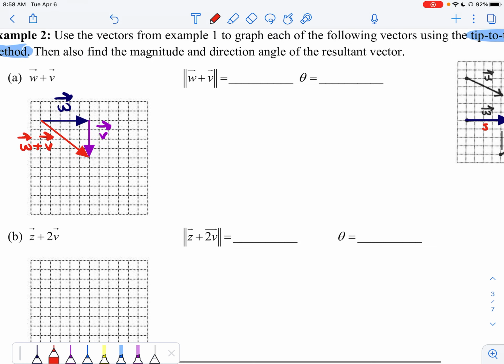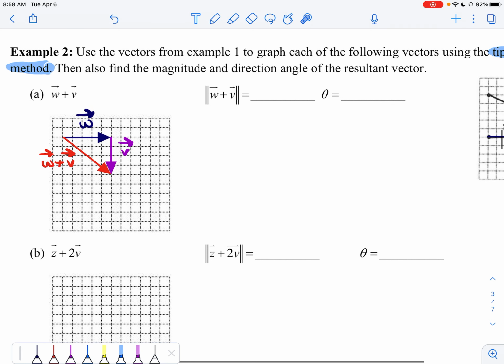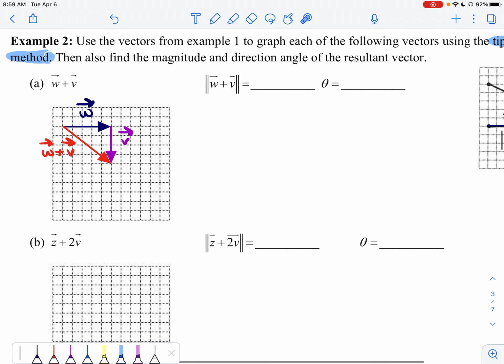Once you get it sketched out, you can also find the magnitude and the direction angle of that vector. For our magnitude, we're just looking for the length of the vector. That's just going to be Pythagorean's theorem. We said we were going 5 units right and 4 units down.